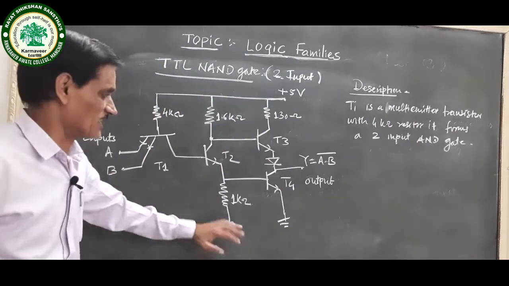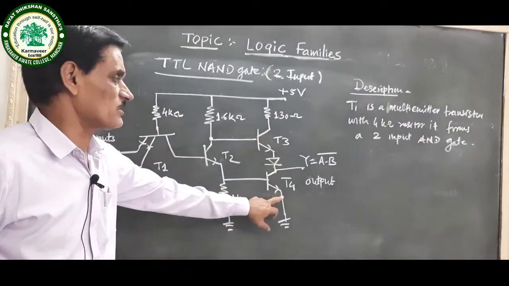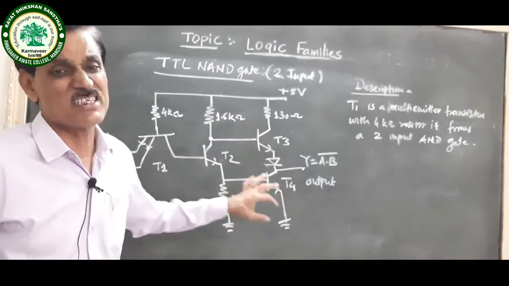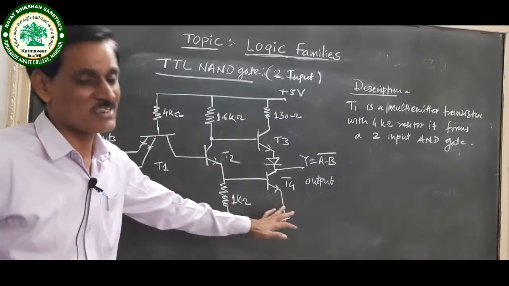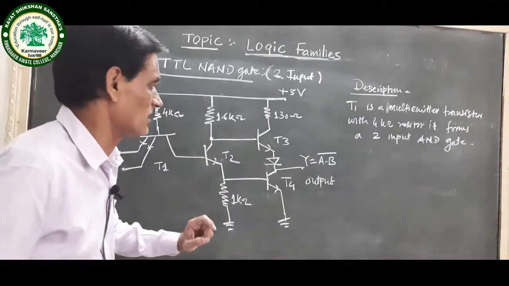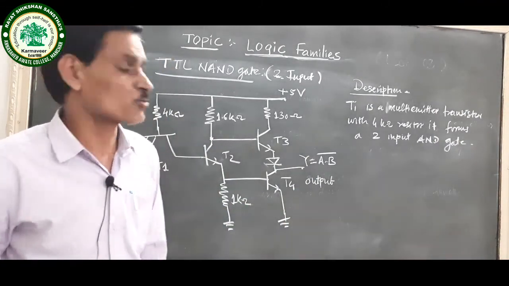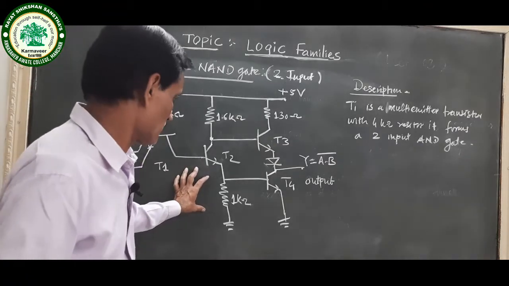The rest of the circuit, T2, T3 and T4, all do the job of an inverter. The rest of the circuit only inverts the signal. Therefore, the overall circuit will function as a two-input NAND gate.